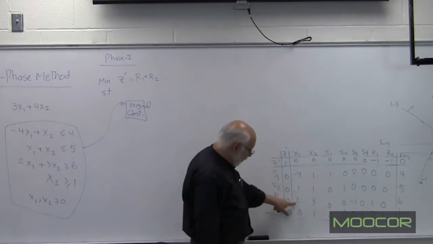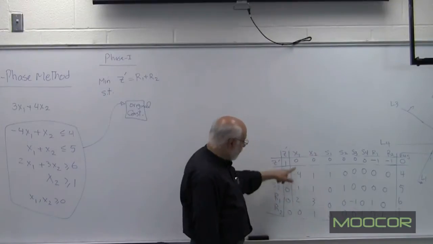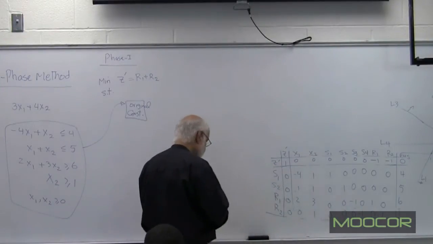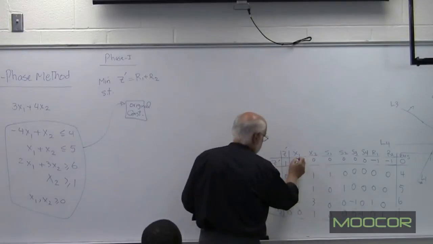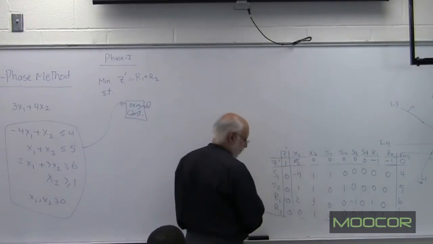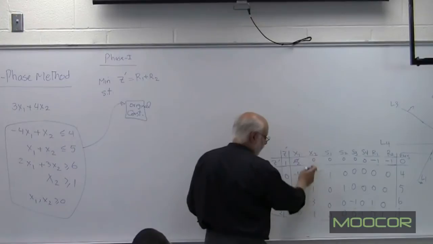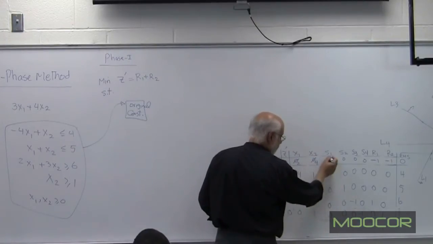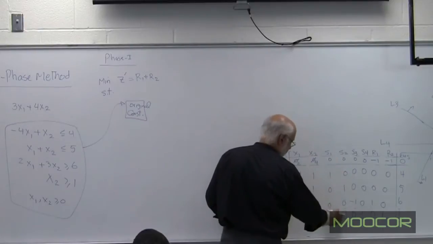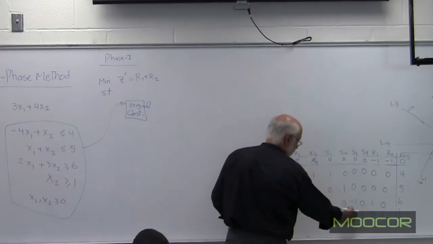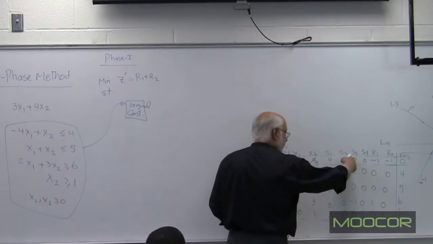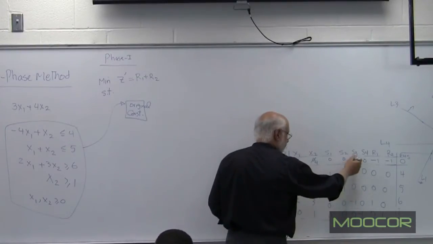So there would be 2 and 0 plus 0, that would be 2. This will be 2. 1 and 3 plus that would be 4. 0, 0, that is 0. 0, 0, that is 0. 0 and minus 1, that will become minus 1.